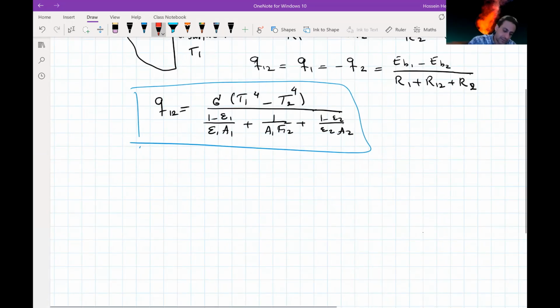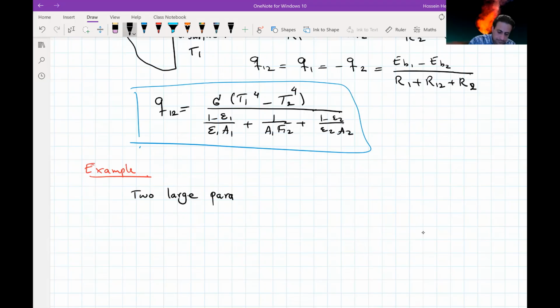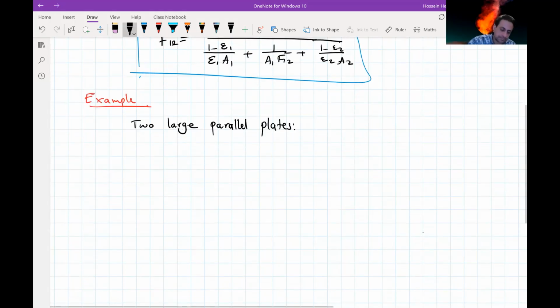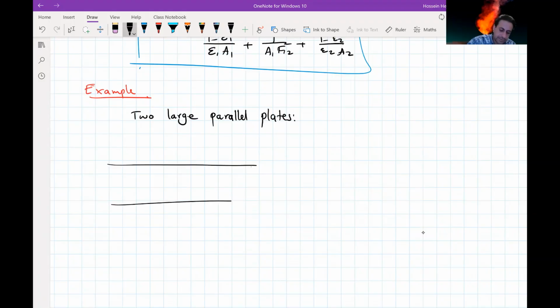So for example, let's look at an example here. Let's say we have two large parallel plates. Plate 1 and plate 2.